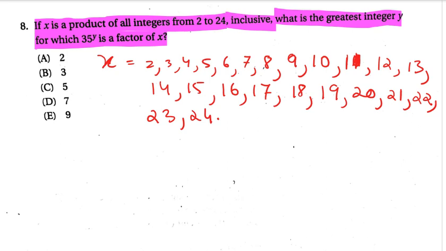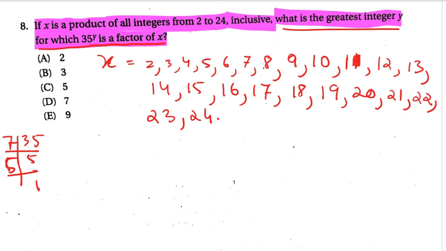Okay, now we are to find the greatest value of y for which 35 to the power y is a factor of x. Now what are the factors of 35? 7 and 5, two prime numbers, right? Now let's check how many 7s we can get over here.